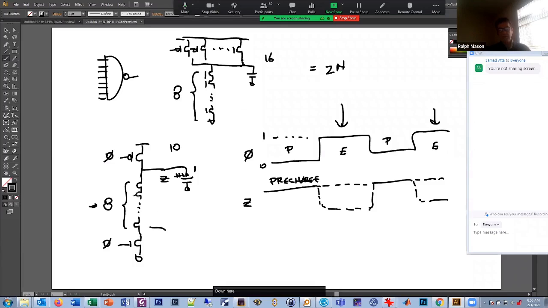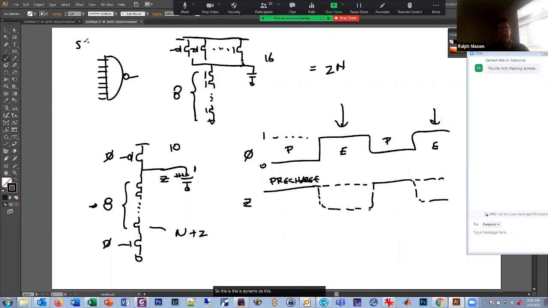Down here, we only have n N channels, and then we have 2 extra clock-driven transistors. So we only have n plus 2. So particularly when n gets large, this is much more efficient. For a large n, it's half as many transistors. And we know half as many transistors means half the area, it means lower power consumption, it means lower cost, and usually higher speed.